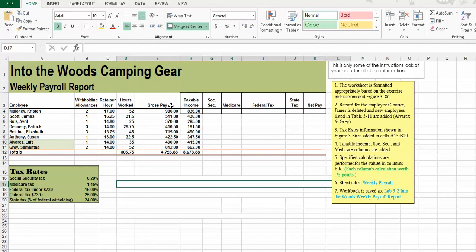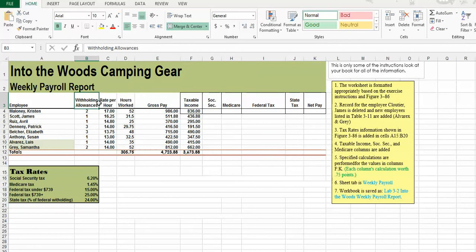And you add the column titles taxable income right here, Social Security, and Medicare in columns F3 to H3. All right, and then you need to center all the contents from B through K3. So from B right here through K3, all right?